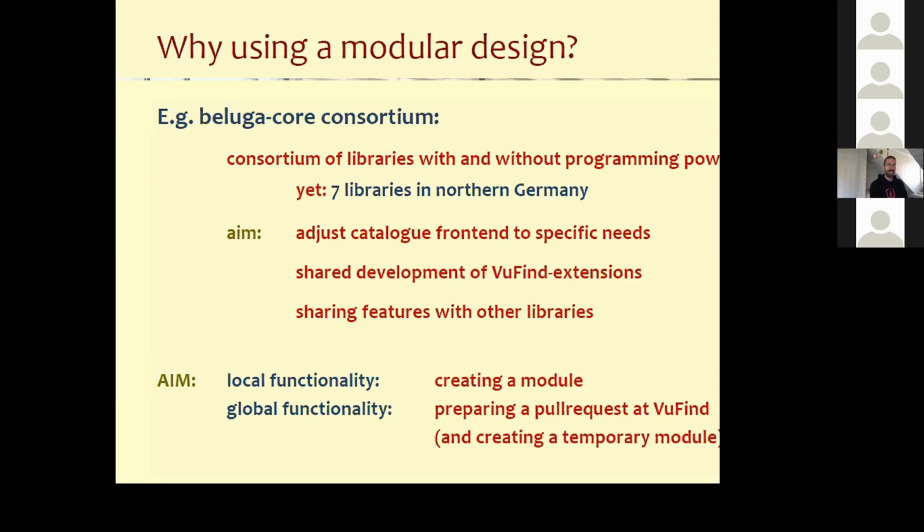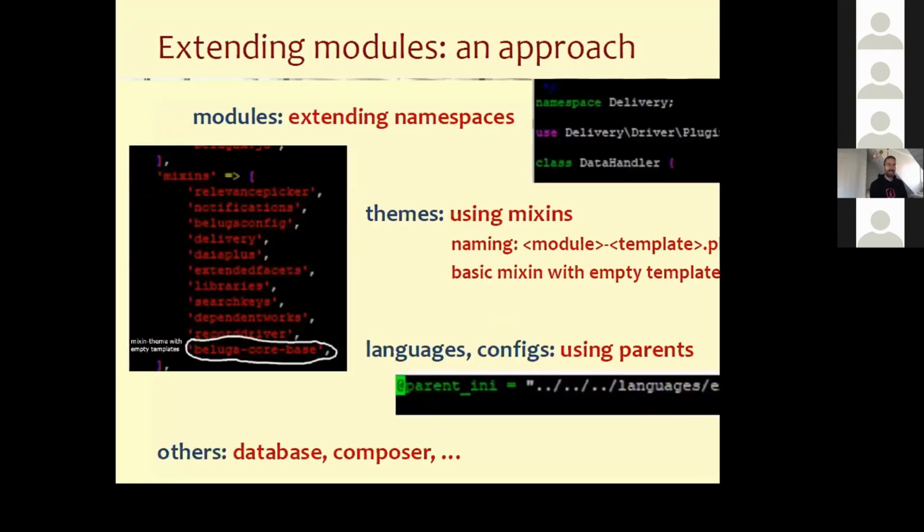So our approach in extending modules is mainly based on extending namespaces. We use this namespace feature of Zend or Laminas, just to capture our extensions in a specific namespace. For example, our delivery service is completely captured within the delivery namespace, as you can see on the top right-hand side.